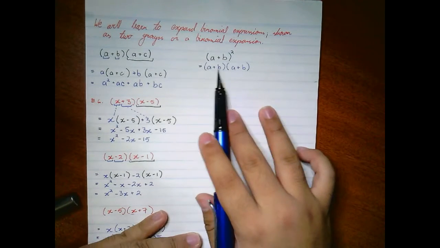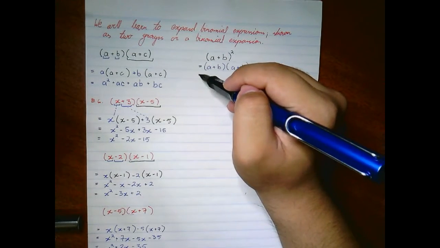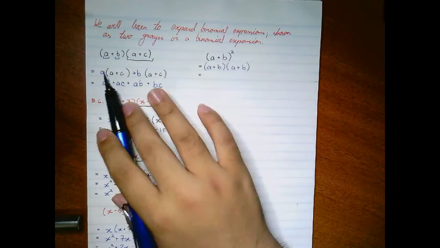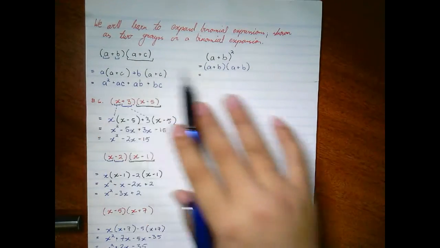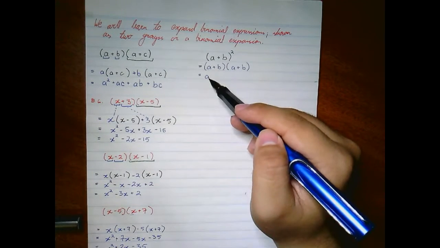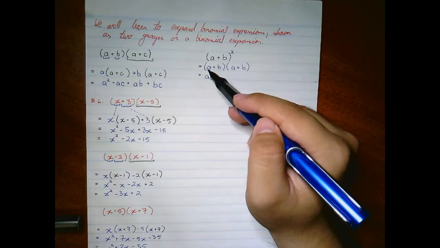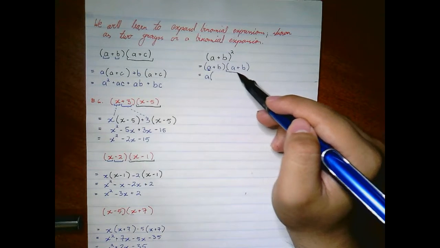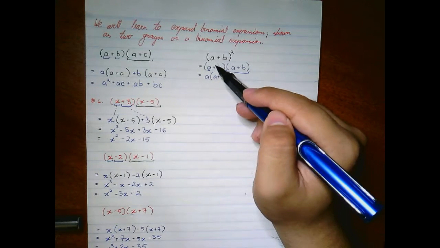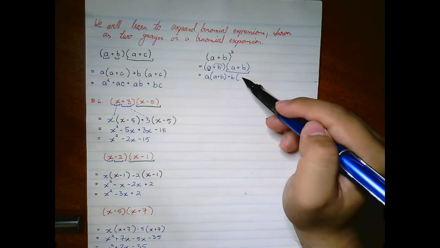So it's the same group repeated twice, which if we apply the exact same methodology with this one as we do for this, we get a outside this group, plus b outside this group.